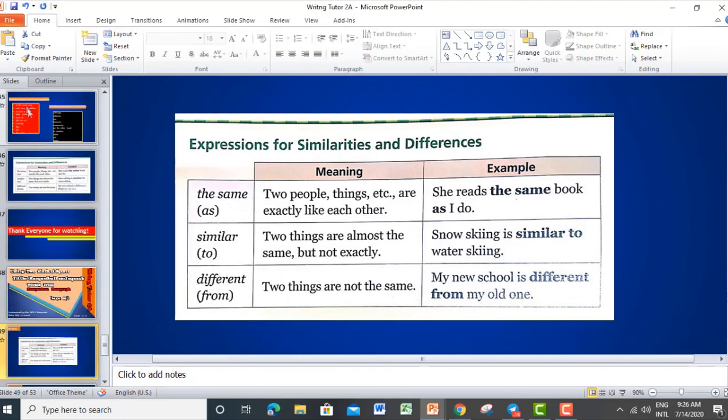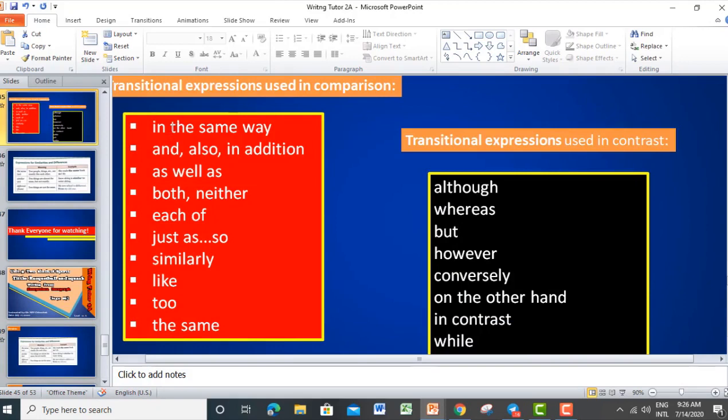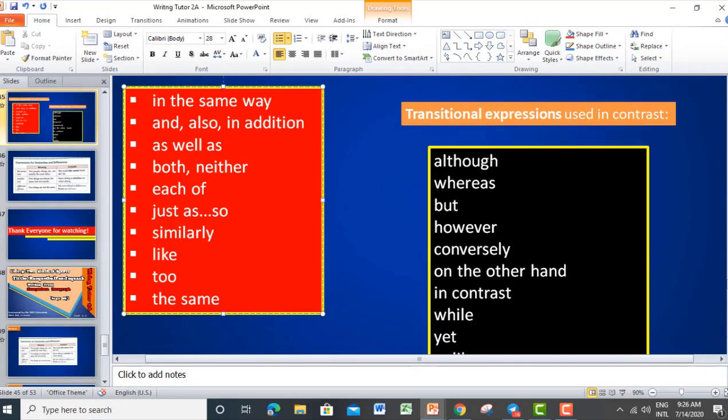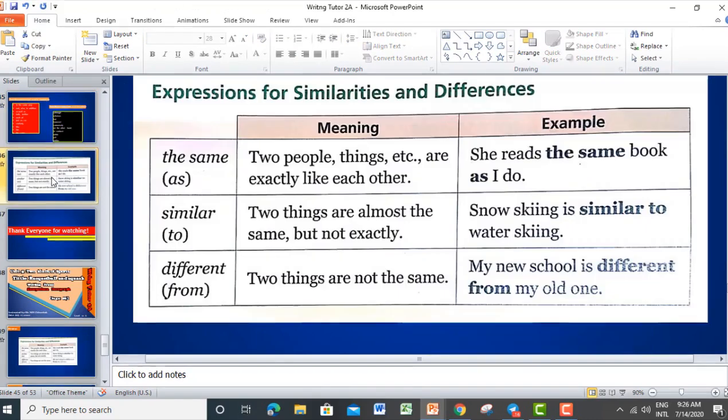And also you have the assembly here, to express something could be like in the same way, like and also, in addition, like as well as, both, like neither, each of, like similarly, like to, okay. And when you want to compare the two things, you can use the word although, whether, but, however, conversely, on the other hand, or in contrast, okay.